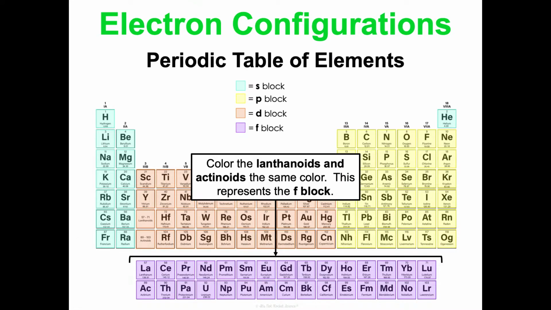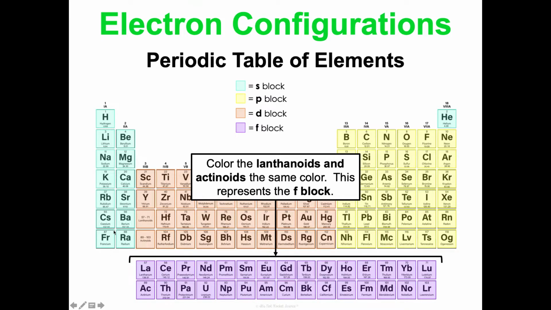Now, another thing that is tricky and that there's some debate about is you know that all of these are supposed to fit right here, but also notice that this is colored orange. So are the La and Ac the ones that go here, or is it the Lu and the Lr that go here and then all the others are down here?